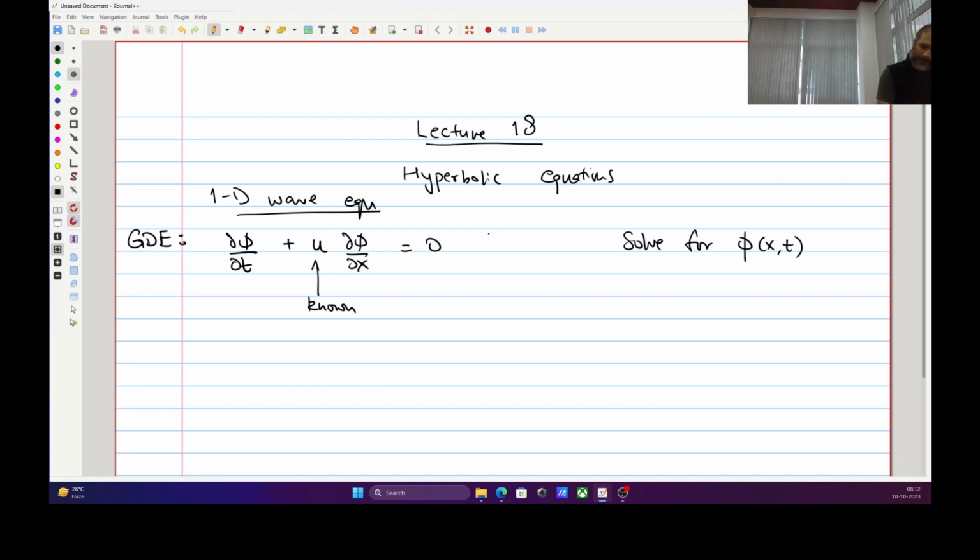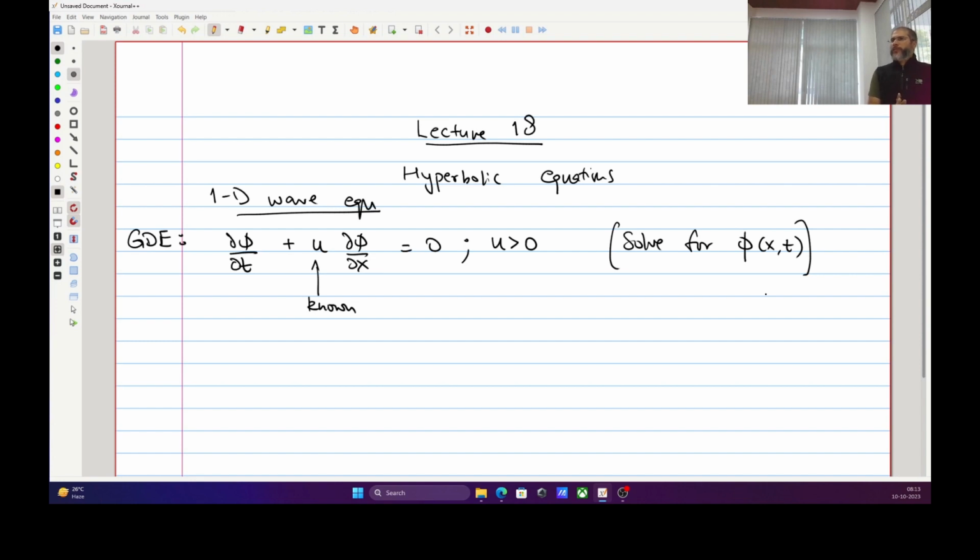And here it's given to us that the velocity u is greater than 0. u could be less than 0 as well, but we are taking the case where u is greater than 0. Now remember, u is a scalar here because we are talking about one spatial dimension.